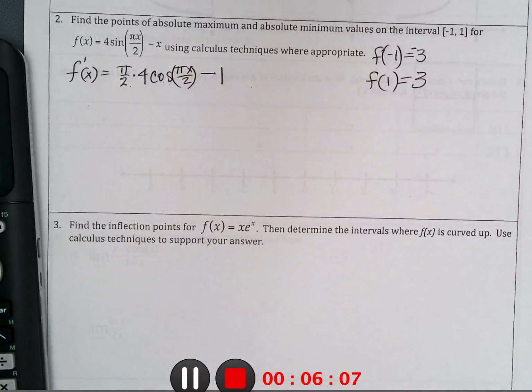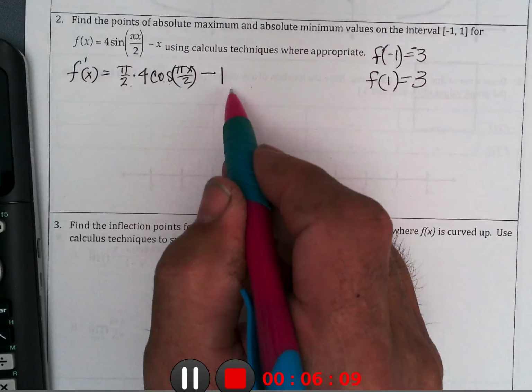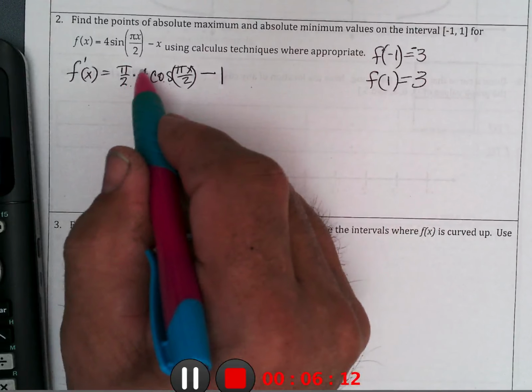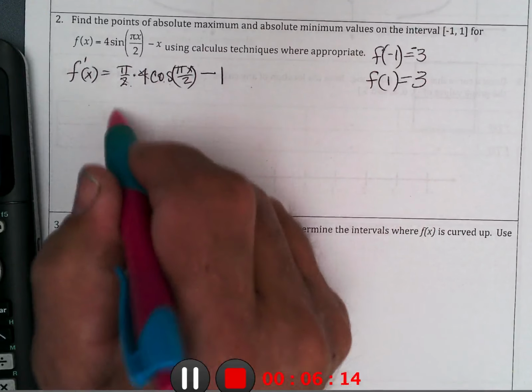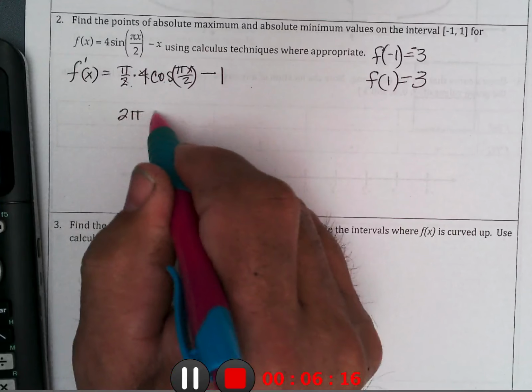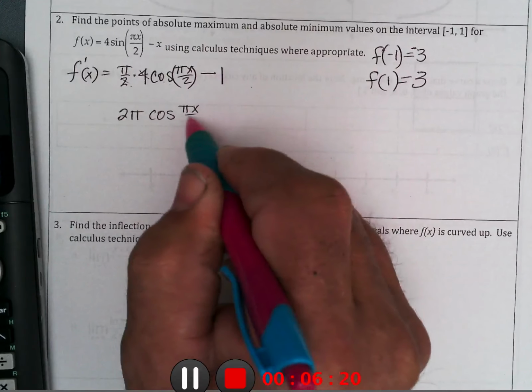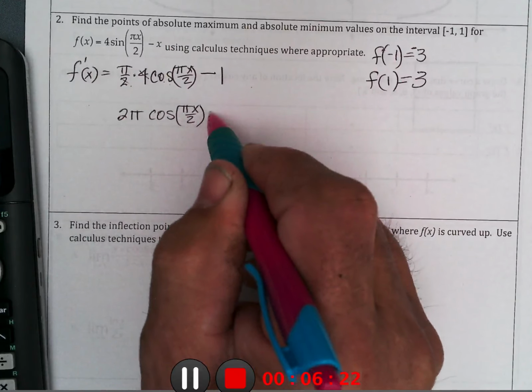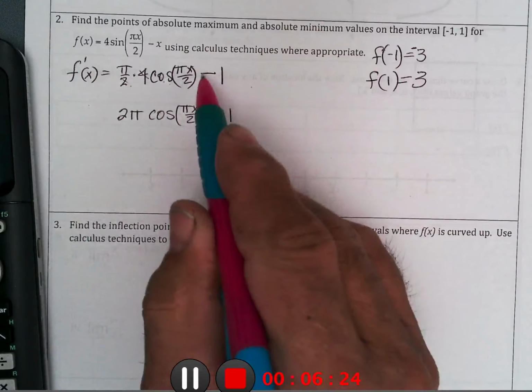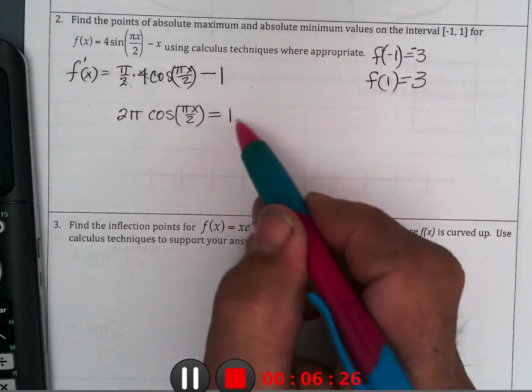And then I got to set this equal to 0. So the 4 and the 2 cancel, so I get 2 pi cosine pi x over 2 equals 1, by setting it to 0 and moving the 1 to the other side.